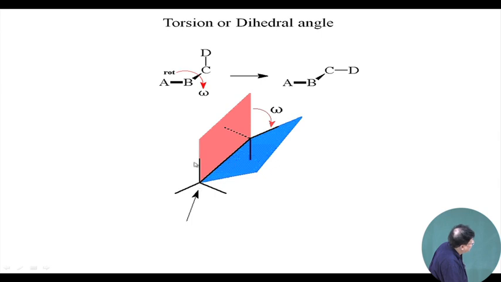And this bond, the same carbon-carbon bond, and these three atoms also form a plane, and that is this pink surface. So, now there are two planes, one is blue, another is pink, and the angle between these two planes is what is called the dihedral angle or the torsional angle.